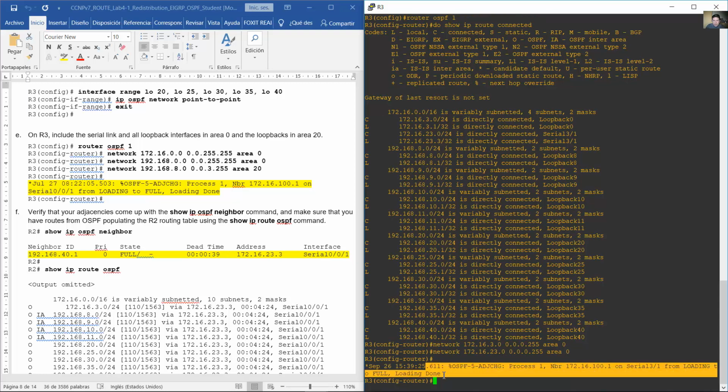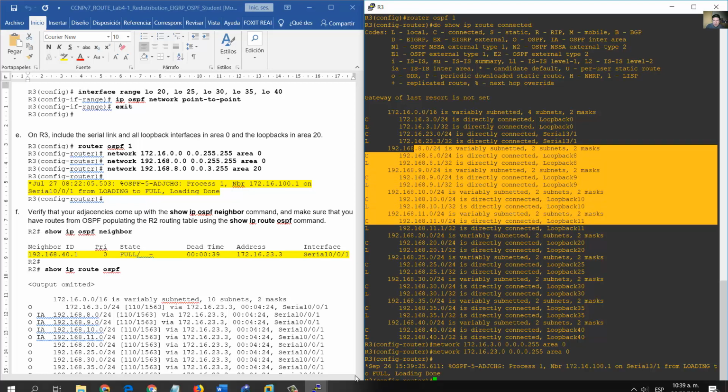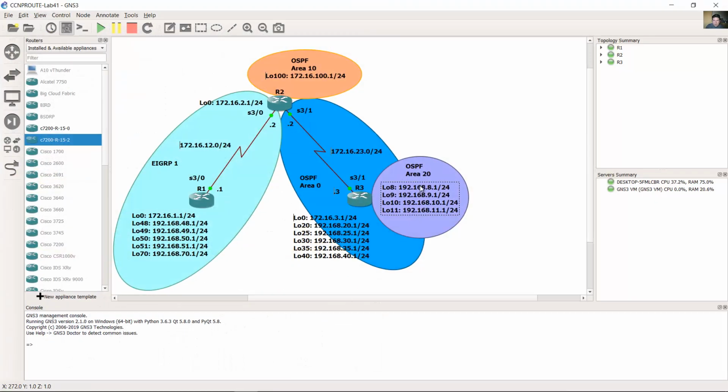Okay, this is the network adjacency. 8, 9, 10, and 11 on area 20.